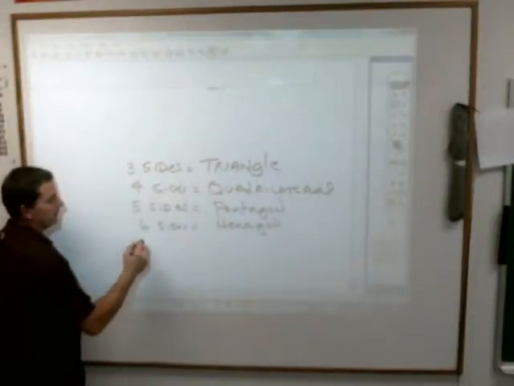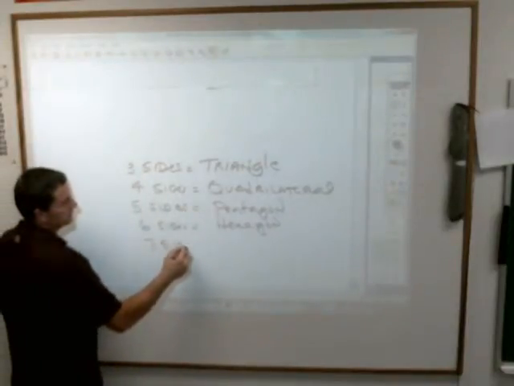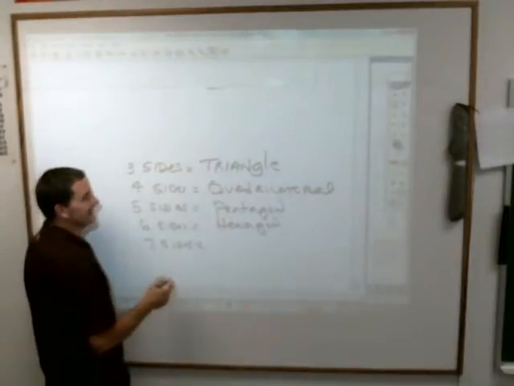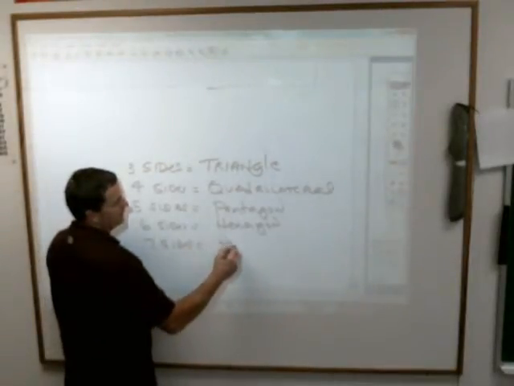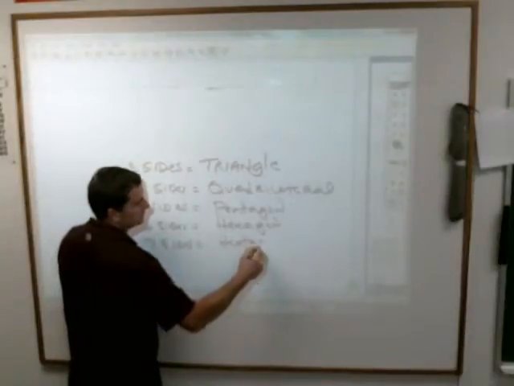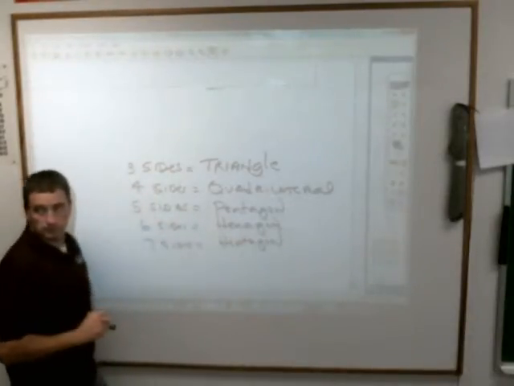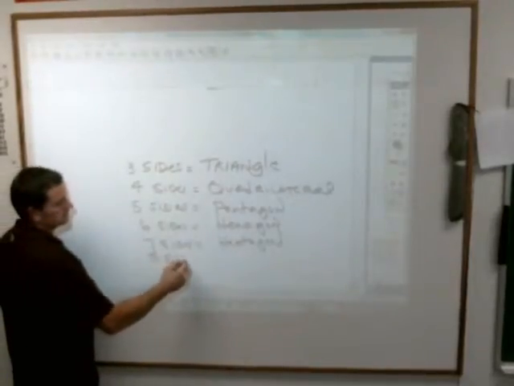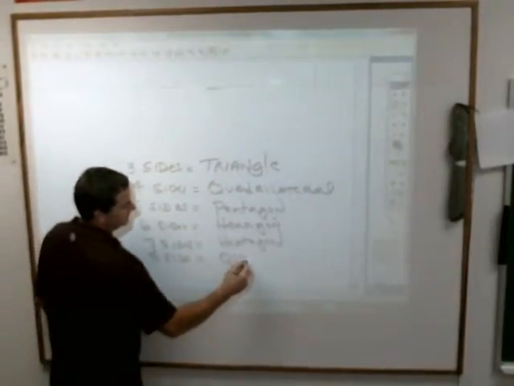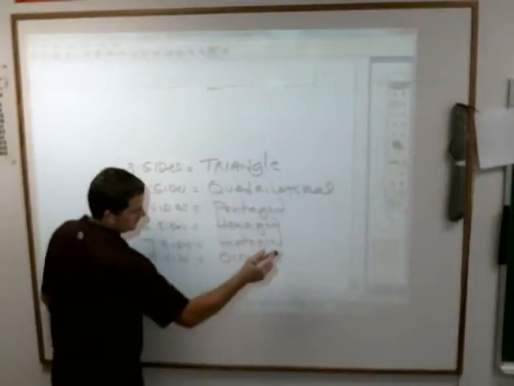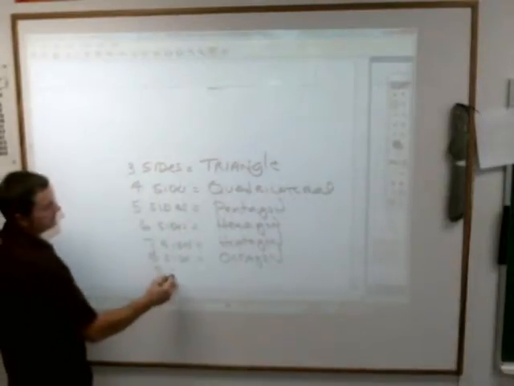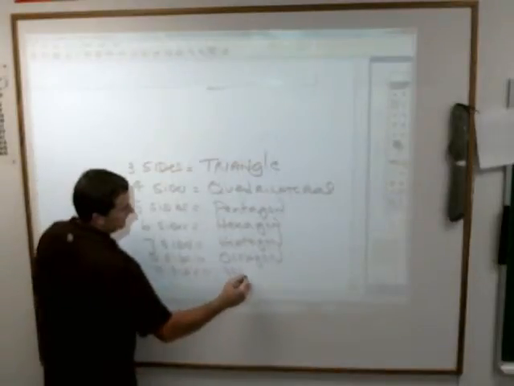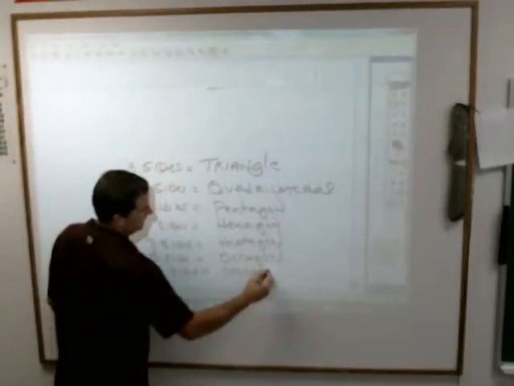Ones we don't talk about very much, seven sides. Anybody out there? Not a shakagon, no. It's a heptagon. An eight-sided shape, an octagon. Nine sides, a nonagon, and that's true, I believe.